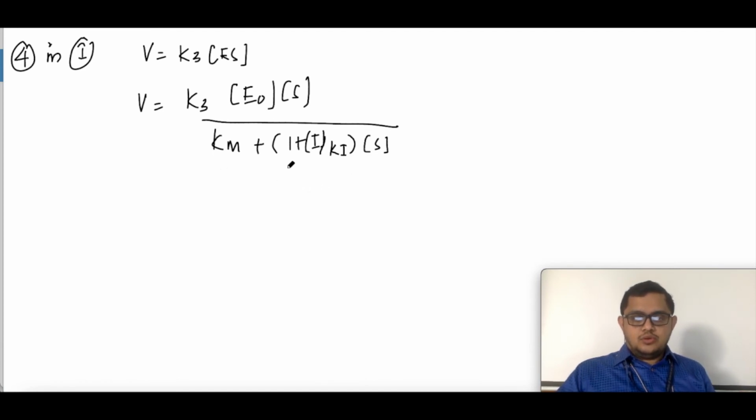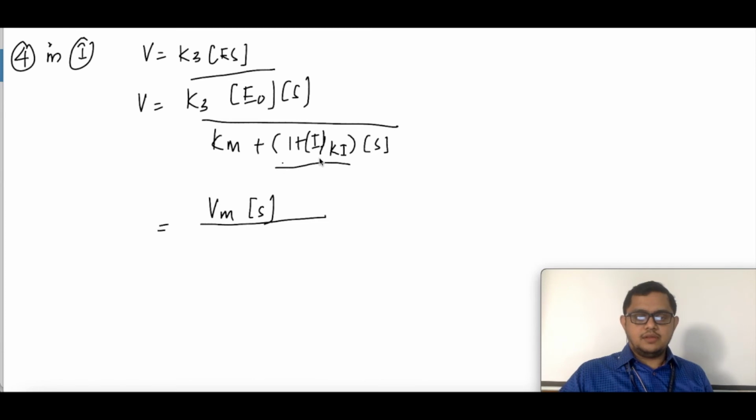So, now you take this 1 plus I by Ki from this equation out. So, K3 into E naught, this is nothing but Vm. So, Vm into S, K3 into E naught is substituted as Vm.